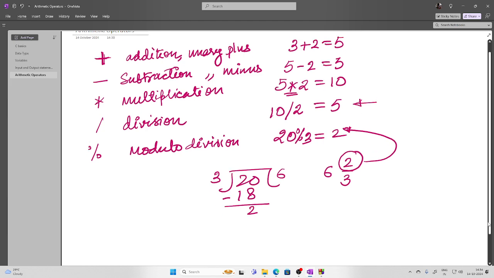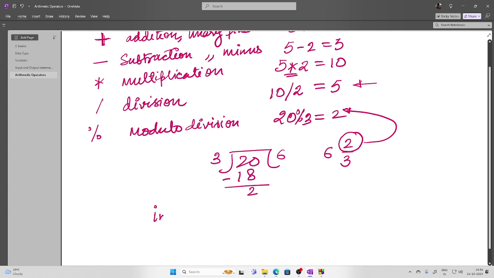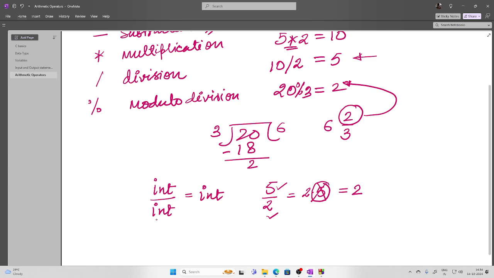Now you should remember that if you are dividing one integer by another integer, you will always get an integer. So if you are dividing 5 by 2, let's say, in mathematics this is normally 2.5, but here as 5 is an integer and 2 is also an integer, this will be truncated. So what you will get is simply 2. Another thing, if you multiply one integer by another integer, the output will always be an integer.